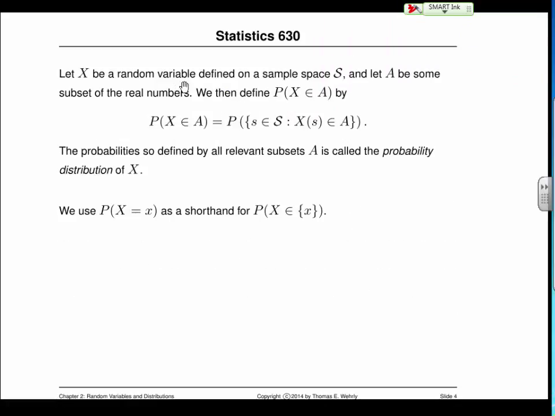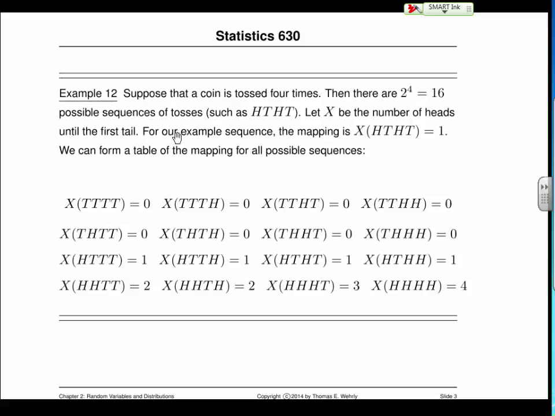Okay, so in symbols, let's first do that. Actually, let's just take a look at this a little bit more.